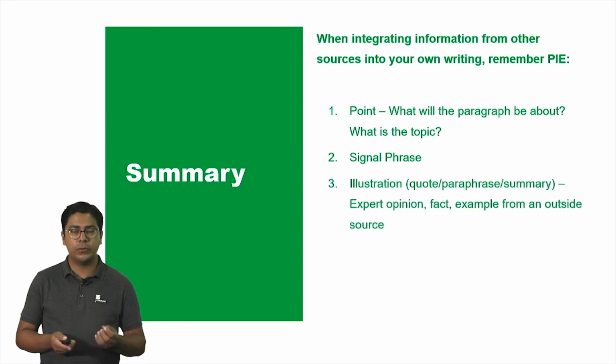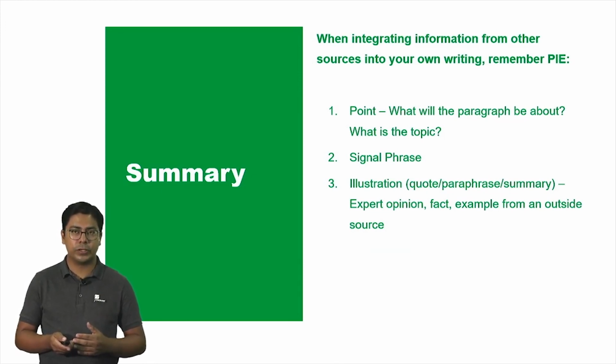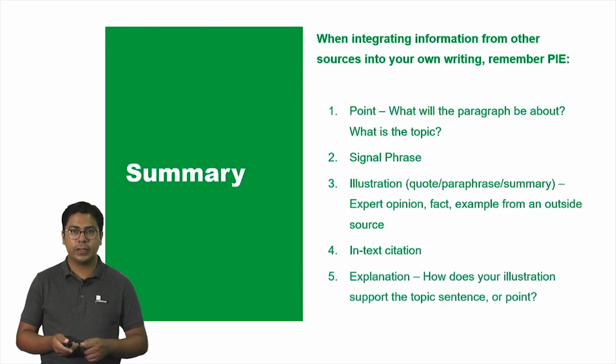Then, when you write your illustration, are you going to quote? Are you going to use a paraphrase or a summary? These are all the outside sources that you want to use as information or support. The in-text citation is very necessary to give credit to the author, and the explanation answers the question, how does your illustration support the topic sentence or point?